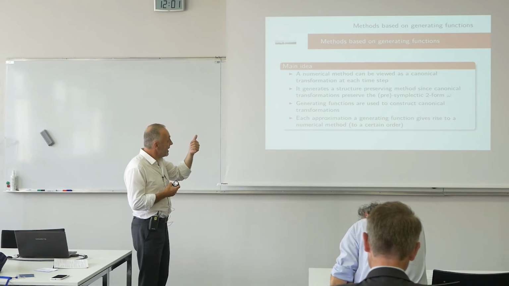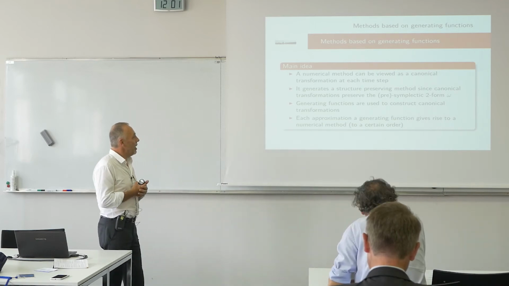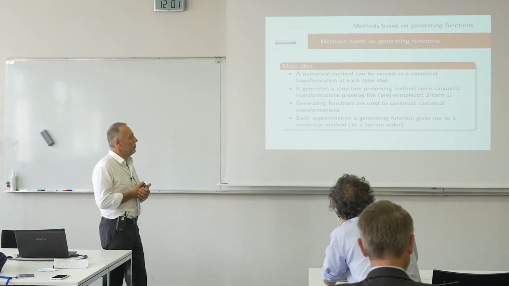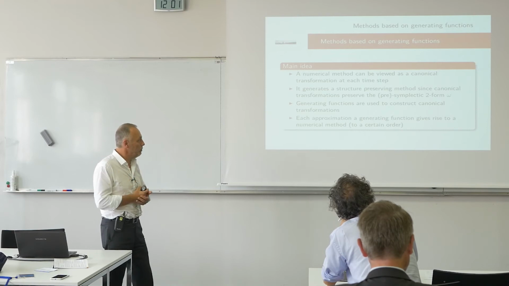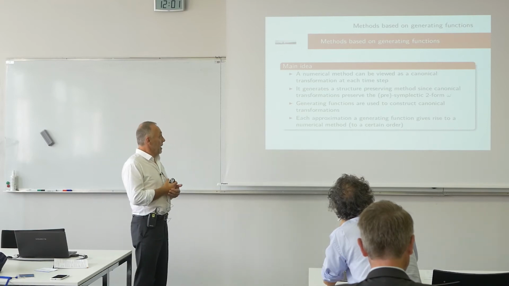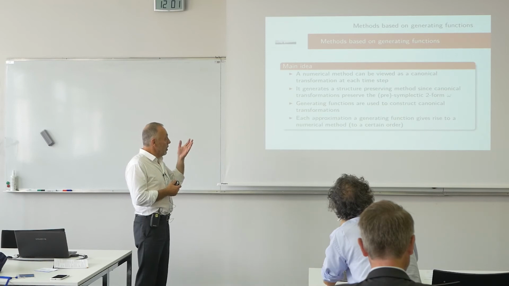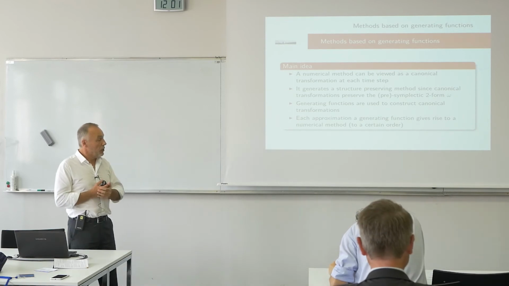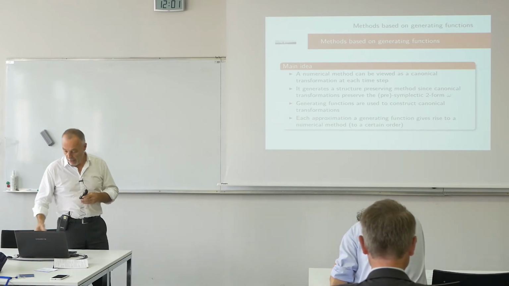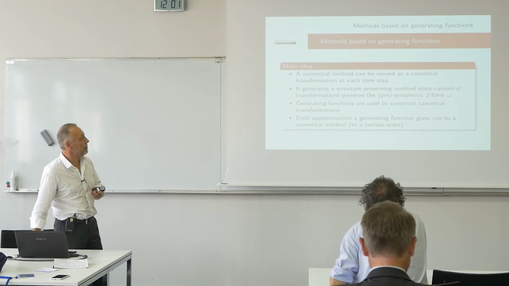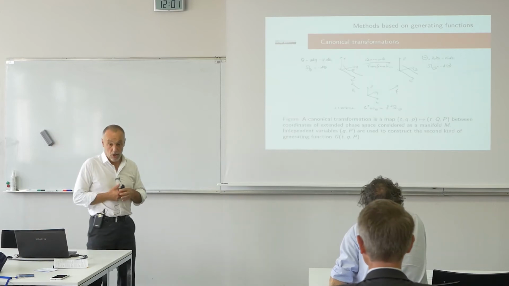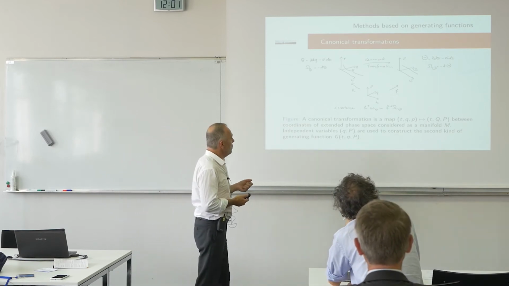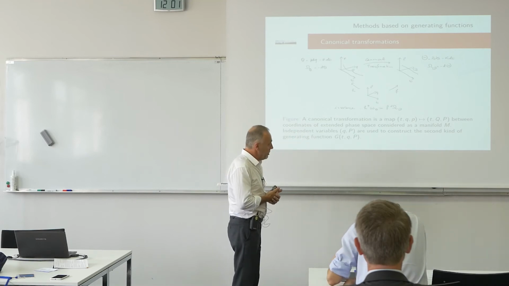Since the canonical transformations preserve the symplectic two-form, that main geometric property will be guaranteed. And you can also generate lots of numerical methods, since to each generating function you can construct a canonical transformation. So the main idea is to make a sort of change of coordinates.